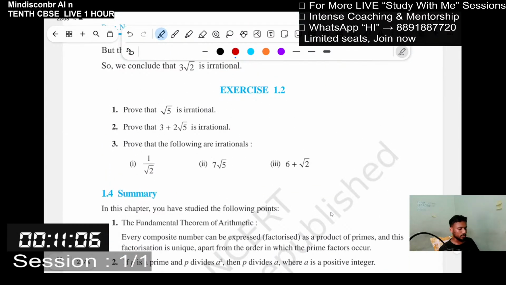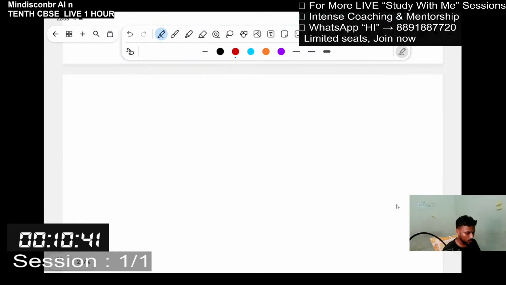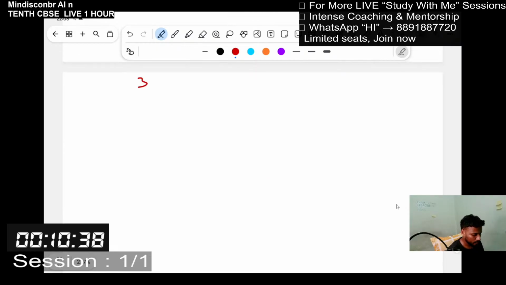Then coming to the next question, 3 plus 2 root 5 is irrational. Let us assume that 3 plus 2 root 5 is rational.